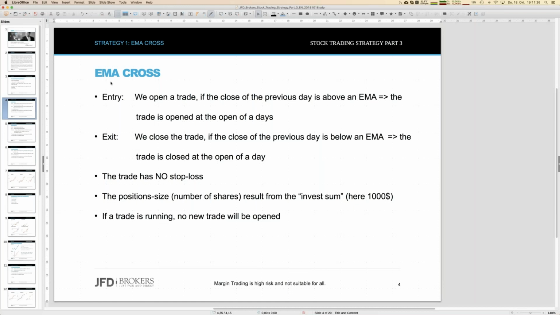And if that close is below that EMA, that's a signal to close the trade, or if we have to decide for a new trade, to not trade. So if we are below the specific EMA, we step out and will not open any new trades. So that's EMA cross. Extremely simple. We always make our decisions on the close, which would mean at 10 p.m.